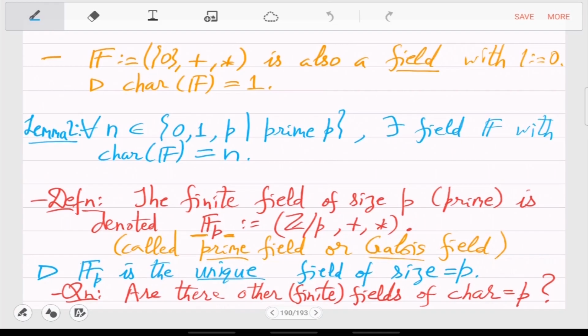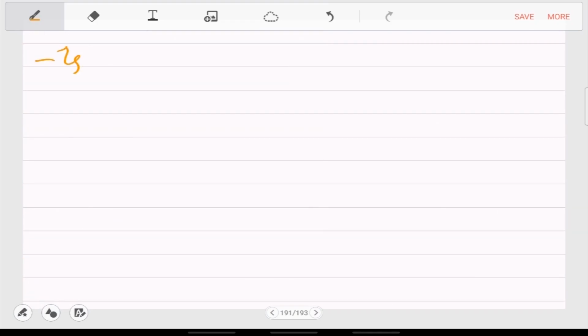So when p is equal to 2, what is F2? F2 is basically you have just 0, 1, or I should say maybe Z slash 2. So you have just 0, 1 and the addition multiplication is mod 2.